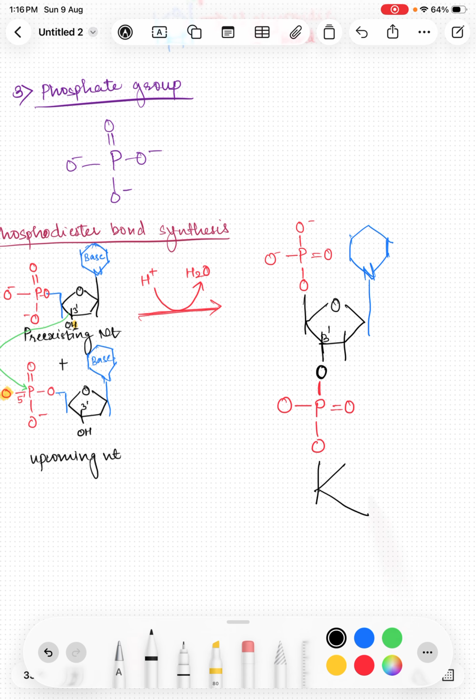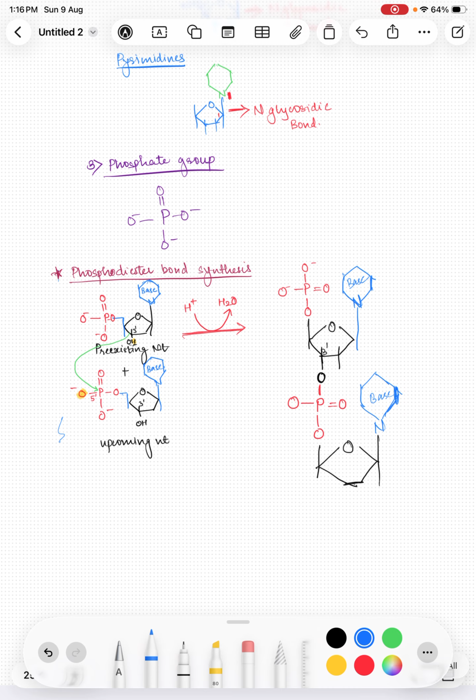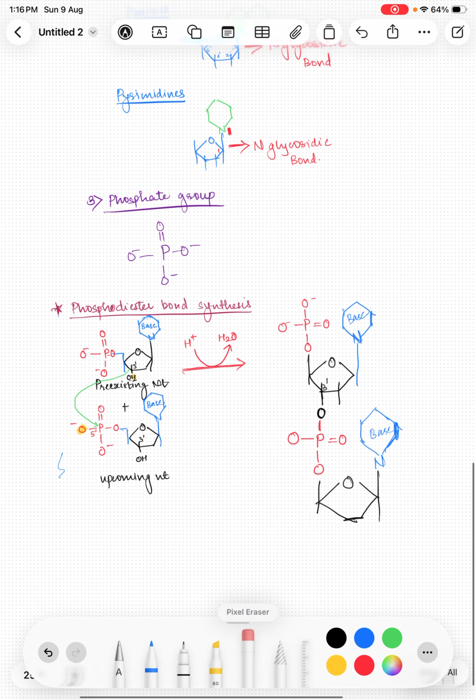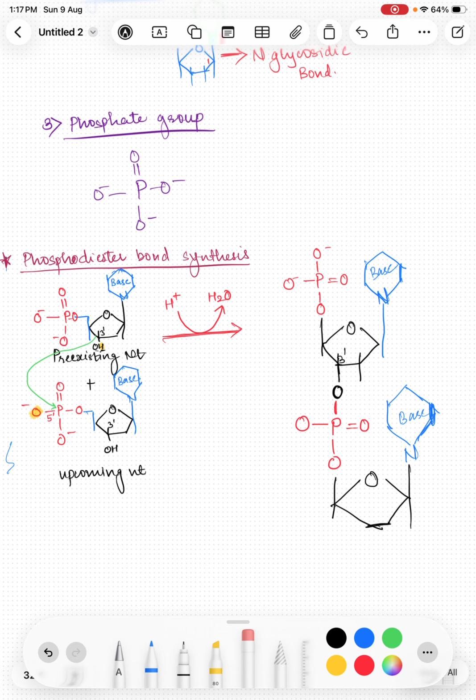Now this is your upcoming nucleotide. Okay, so during this reaction H2O is released, and this is how 3' OH of pre-existing nucleotide will attack upcoming nucleotide, and there will be formation of phosphodiester bond.